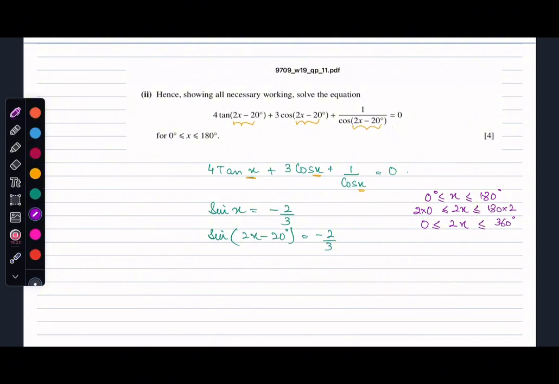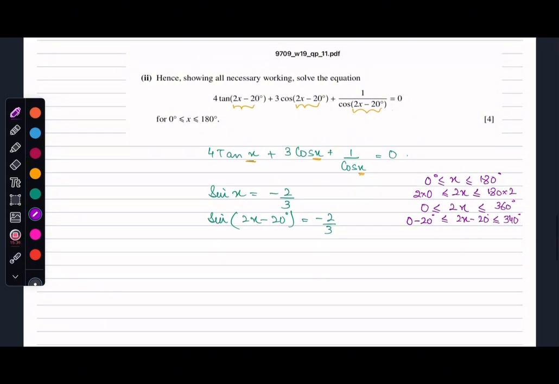Therefore, I will be adding the negative 20 to the entire equation, so that this is 360 minus 20, giving us 340 degrees. So this means that the domain for 2x minus 20 should be negative 20 less than or equal to 2x minus 20 less than or equal to 340 degrees here.